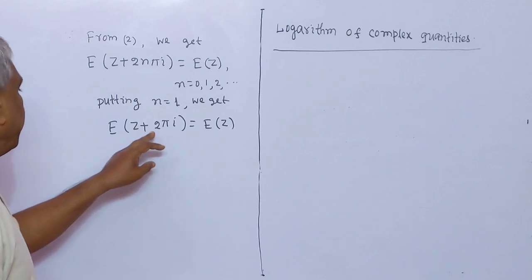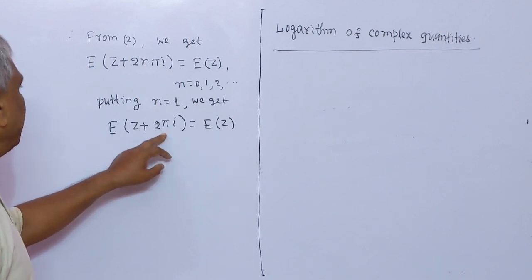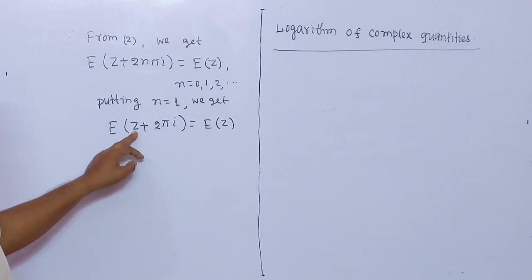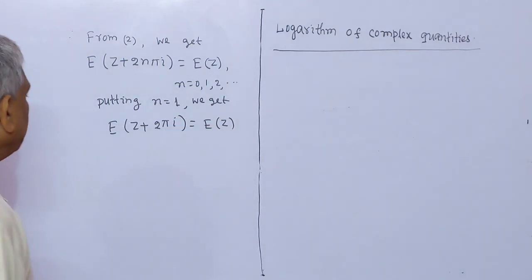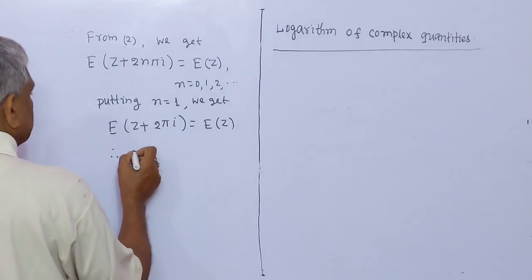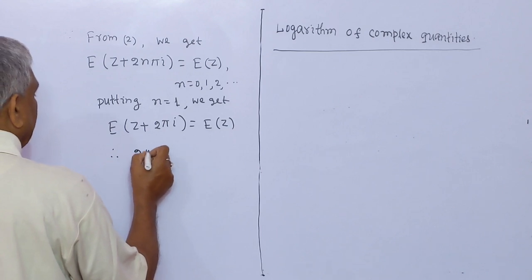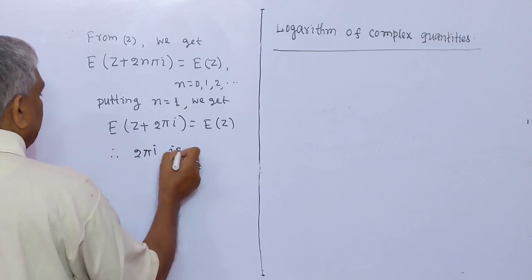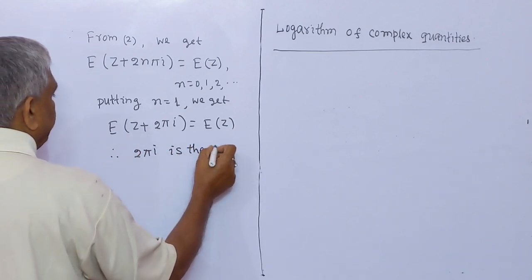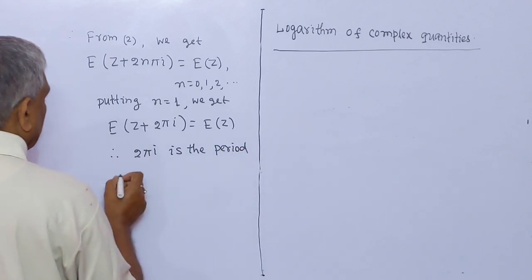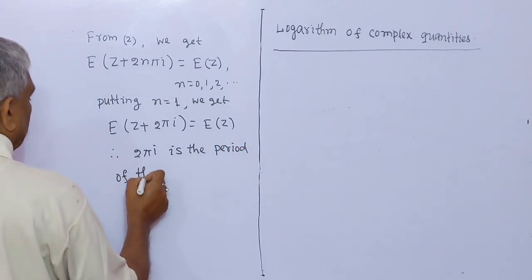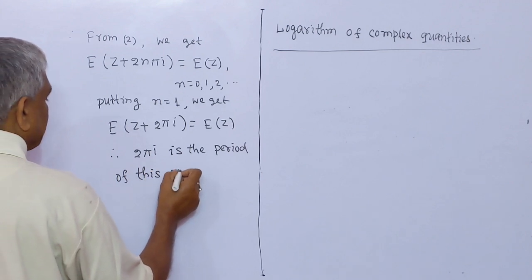So we have added the minimum value 2 pi i with z, then we get the original value of the function. Therefore 2 pi i is the period of this complex function.